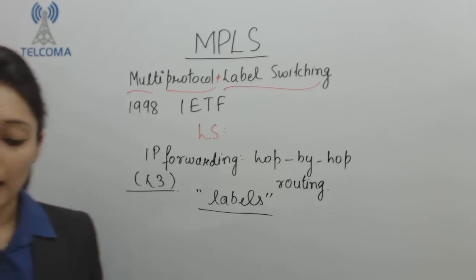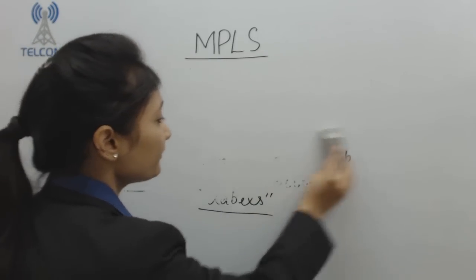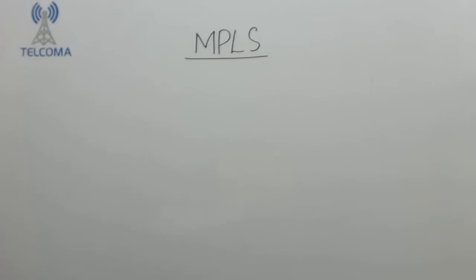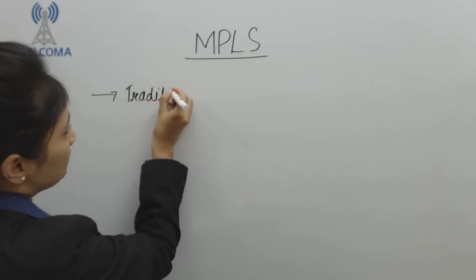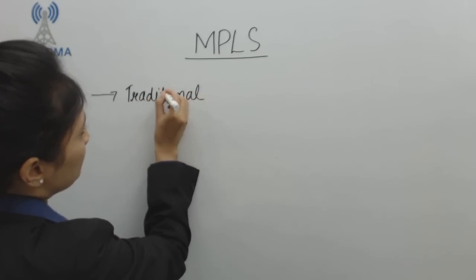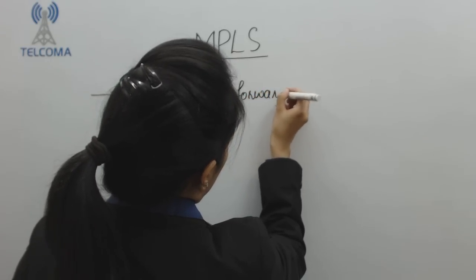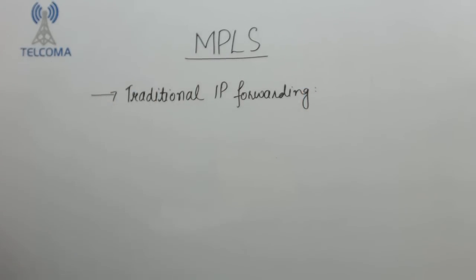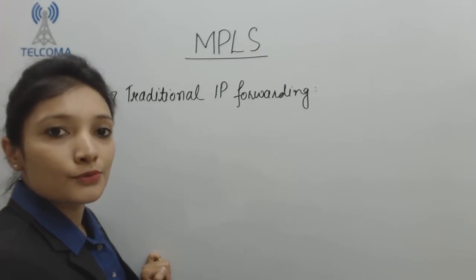So first of all, we will see what we had in our previous technologies. We were using IP forwarding also, which is used to a great extent. So if you just have a look at the traditional IP forwarding, what happens in our IP forwarding or internet protocol system, which is used in our layer 3?